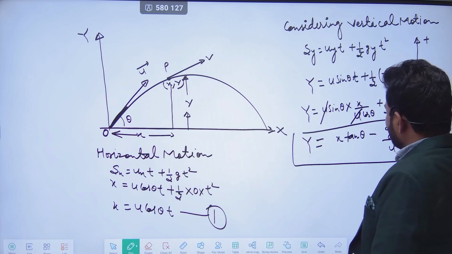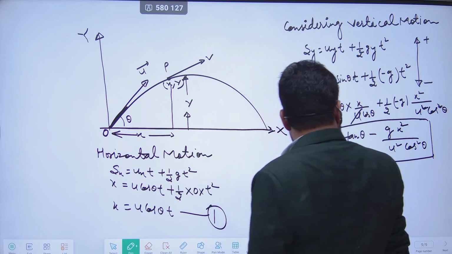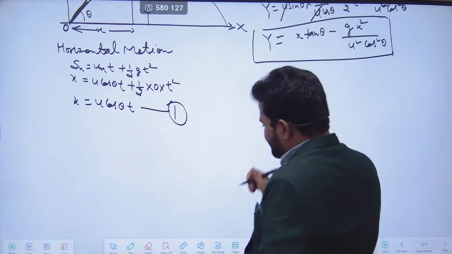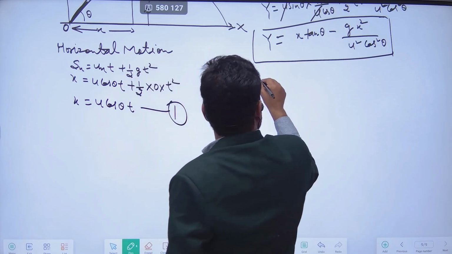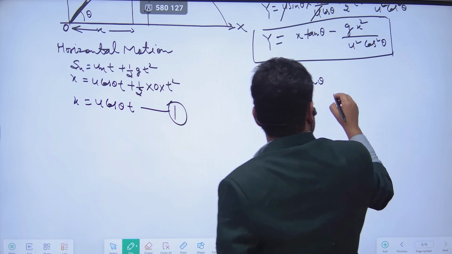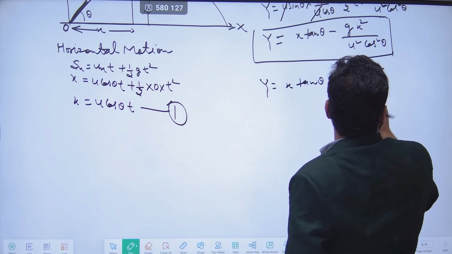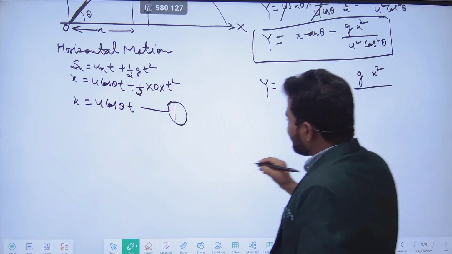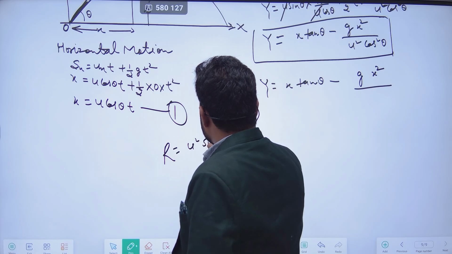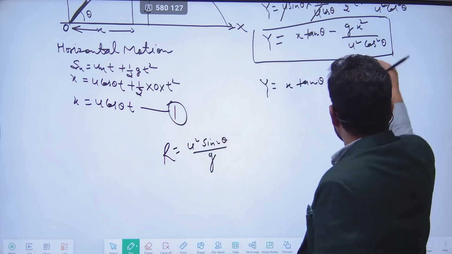We can solve it and make it in terms of range. How do we get it in terms of range? So we'll take it another way. y is equal to x tan theta minus g x square. Here you know the formula for range is u square sine 2 theta by g. How will we get this formula in this expression?